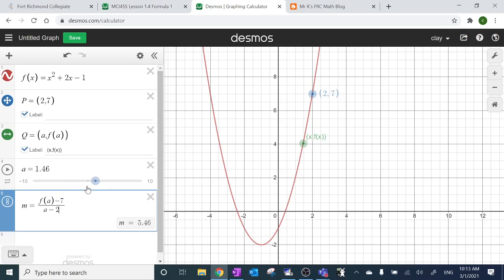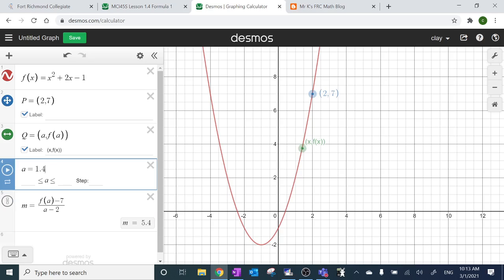And as you can see now, the closer I get the A value to 2, right now it's 1.46. What if it was 1.5, or 1.99, or 1.999, or 1.9999? You can see that we're getting very, very close to that 6 number. The more 9s I put on, the closer I get, until you get to the point where the computer can't calculate it anymore.